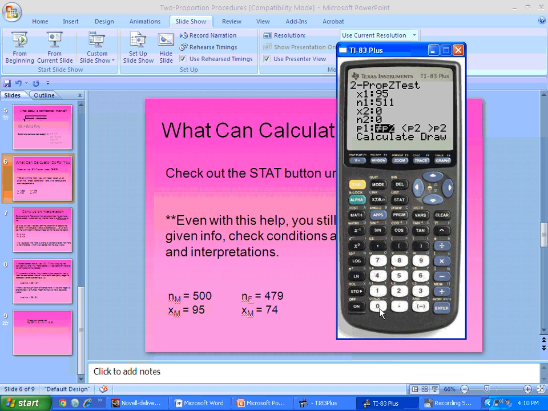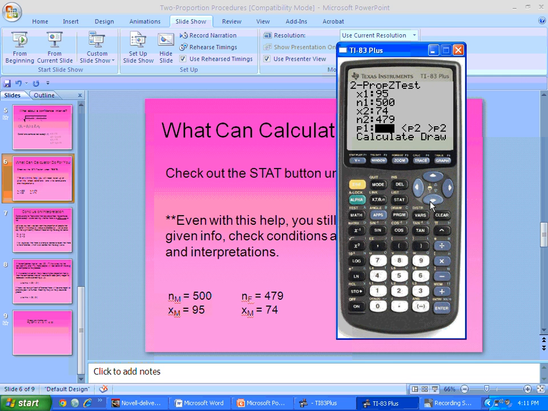Our X2 would be 74 accidents, females, out of the 479 females. Notice that the sample sizes don't have to be the same amount. We can compare with different amounts.